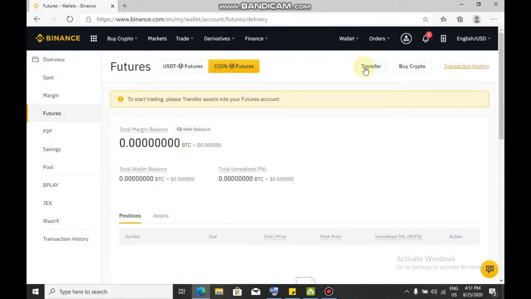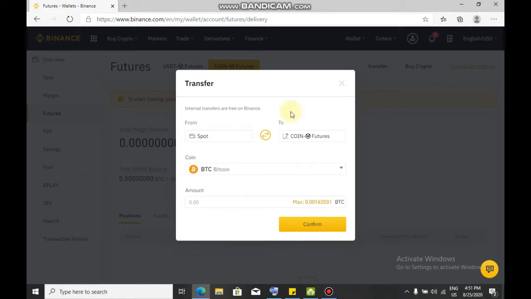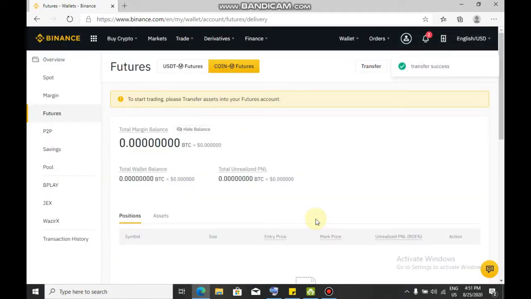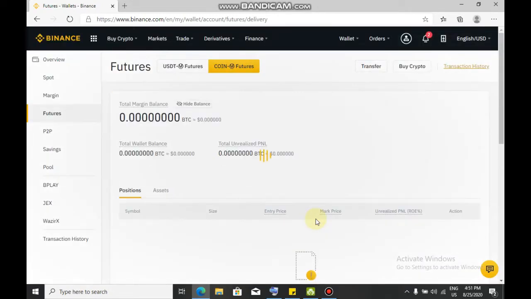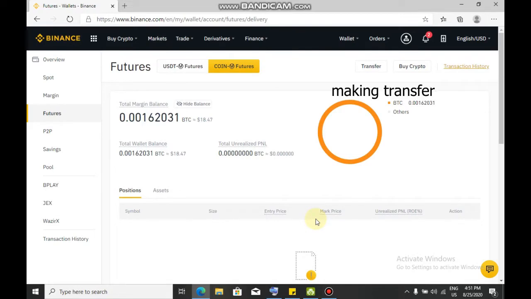All right, so we're going to click on transfer. We are transferring everything. Okay, so that's how to transfer to the coin margin futures wallet. Not really difficult.